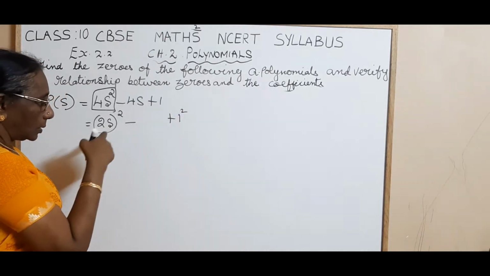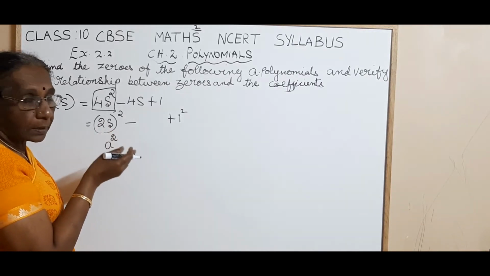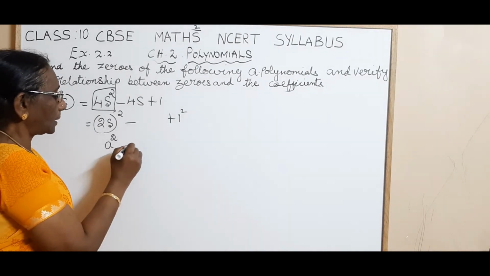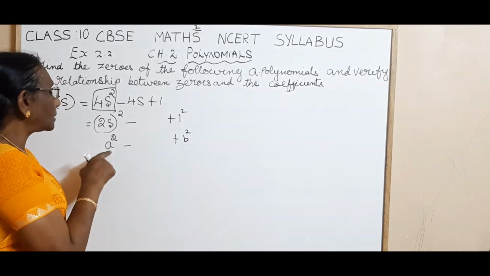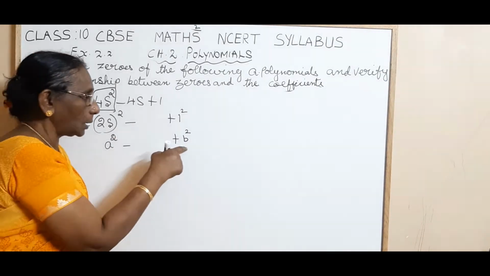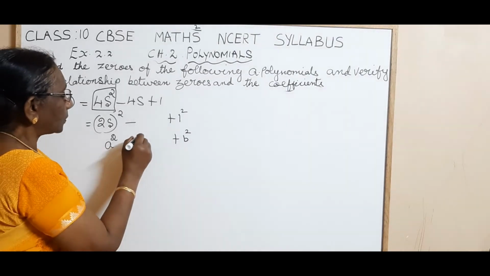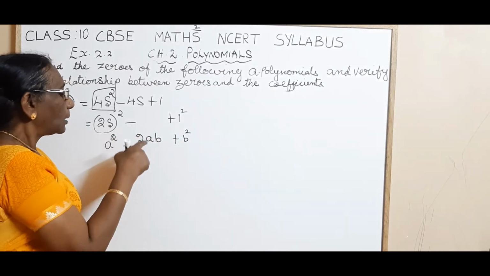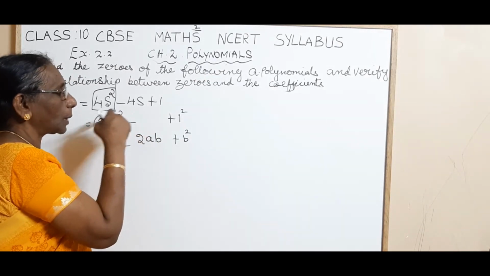Now the first term, can you identify it is of what form? A square, here minus is given, plus b square. A is equal to 2s and b is equal to 1. Okay, now the middle term should be 2ab. Check whether when you multiply 2 into a into b, you are getting minus 4s.